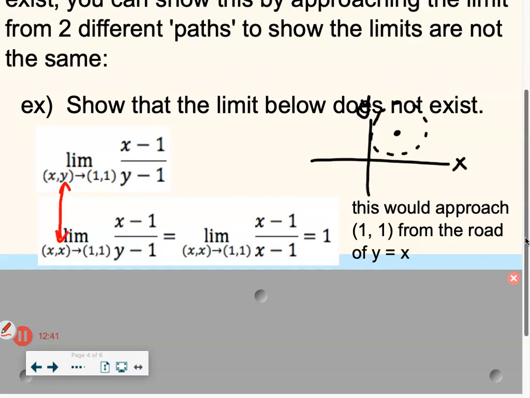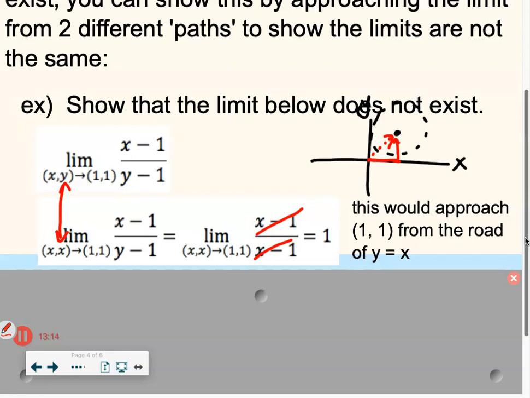So instead of approaching from like here, you're actually approaching that way. If we let our y be x and we let x approach 1, you change your y to x and you plug in a 1. Now we can use traditional limits, which means you can cancel common factors and you get a limit of 1.